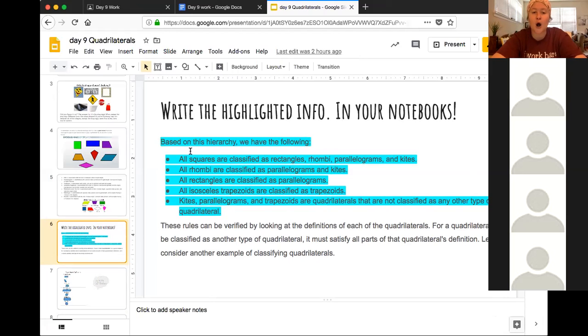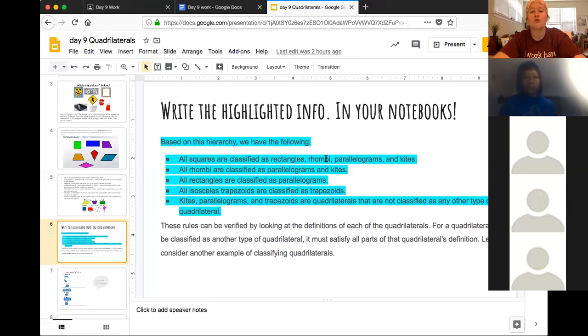So based on all that information, you know the following. All squares are classified as rectangles, rhombi, which is plural for rhombus, parallelograms, and kites. So a square is a rectangle, a rhombus, a parallelogram, and a kite. Okay.